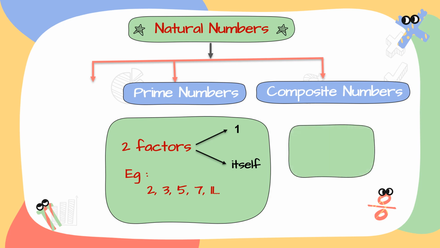Now, composite numbers are just the reverse of these primes. They have more than two factors. For example, 4, 6 and so on. 1 is considered neither prime nor composite.